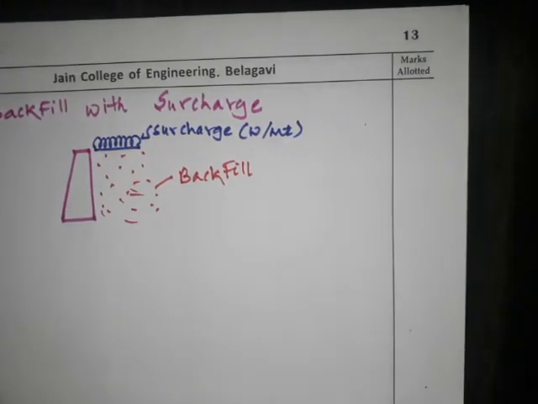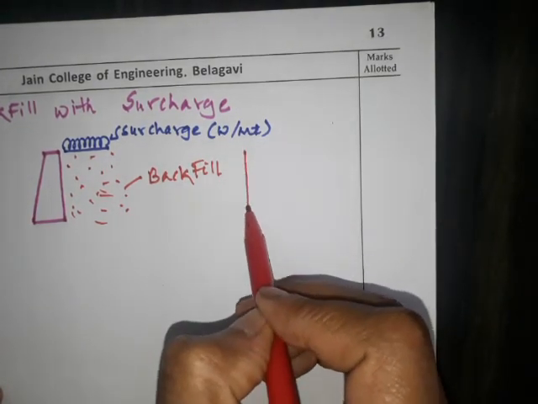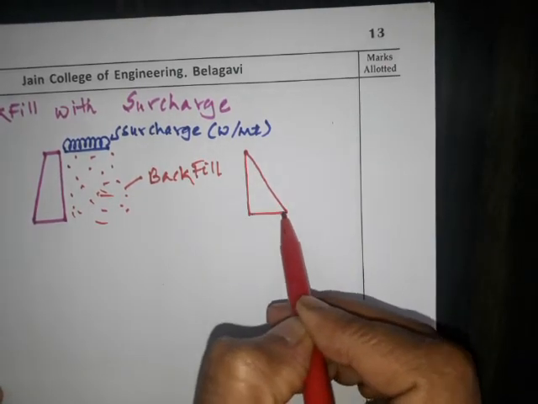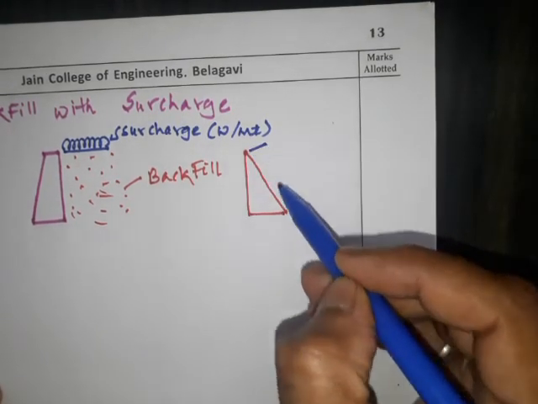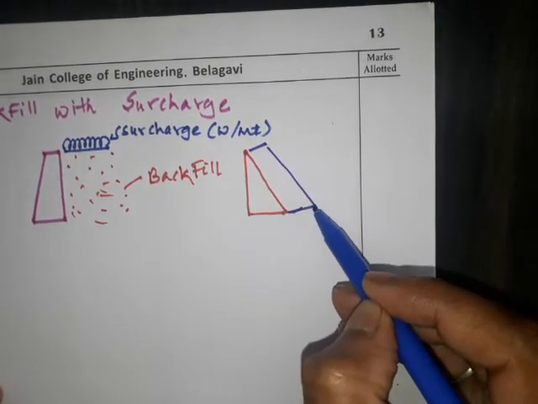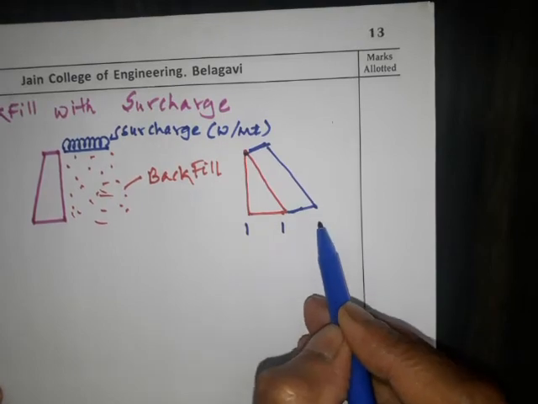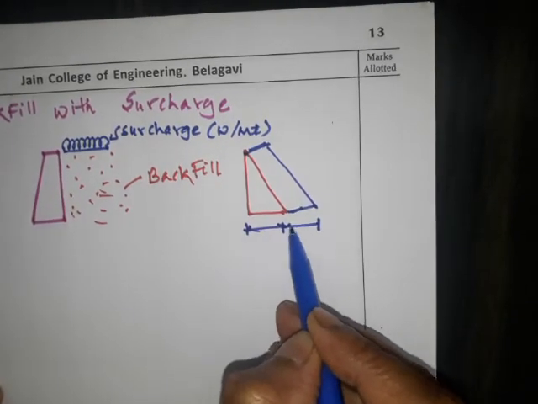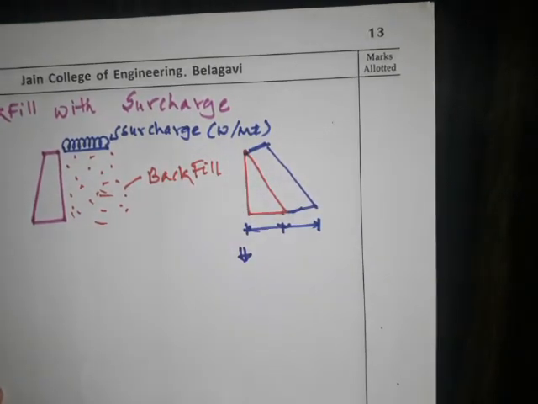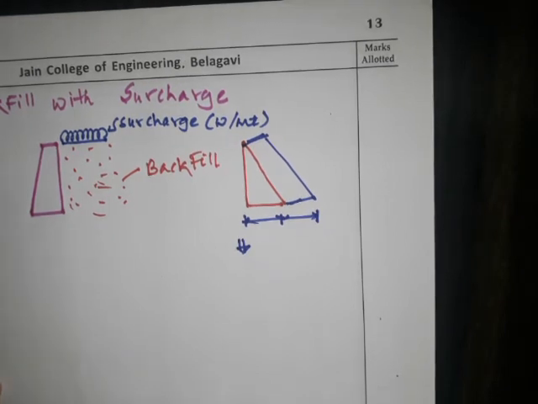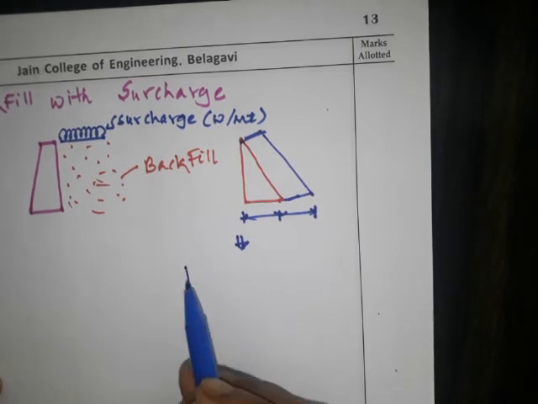And if I draw the pressure distribution diagram here, we have the triangular shape, that is for backfill, and we have one more, that is for surcharge. After the rearrangement, if I draw it, we'll get it like this.